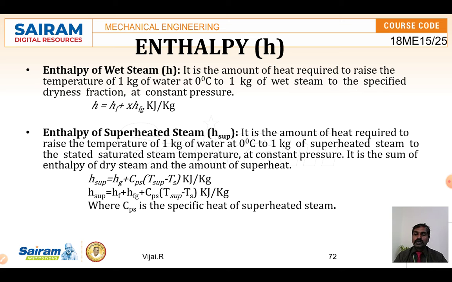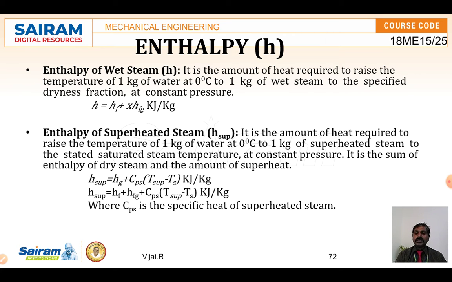How much heat is required to convert the 0 degree water to a superheated level is called enthalpy of superheated steam. So H super is equal to Hg plus Cps into (T super minus Ts). Cps is the specific heat of superheated steam. We will see what it is in the next slide.